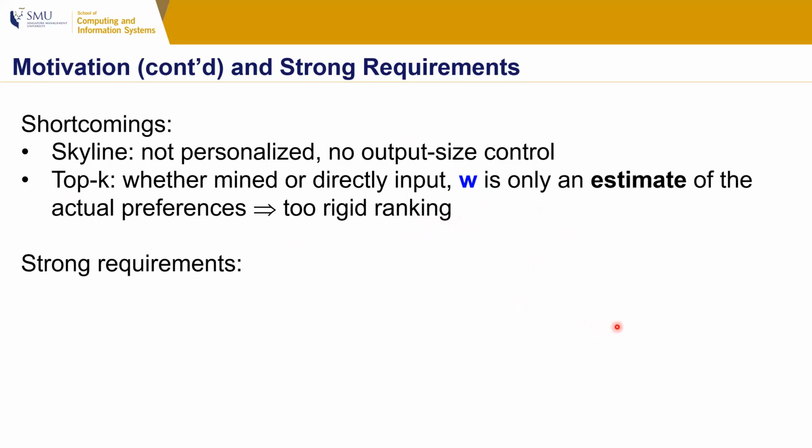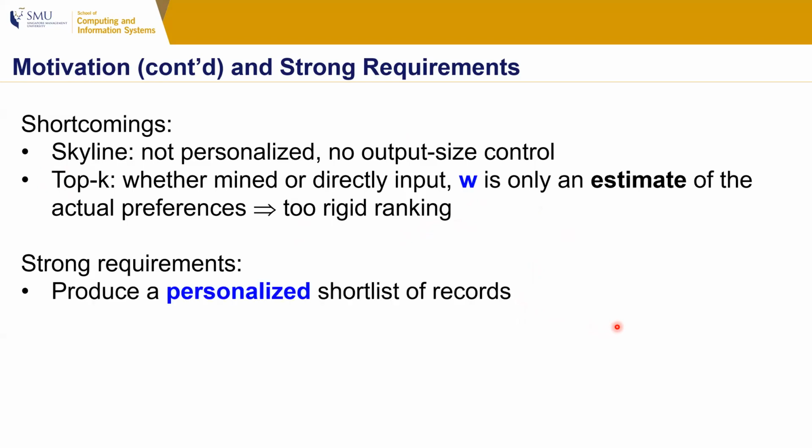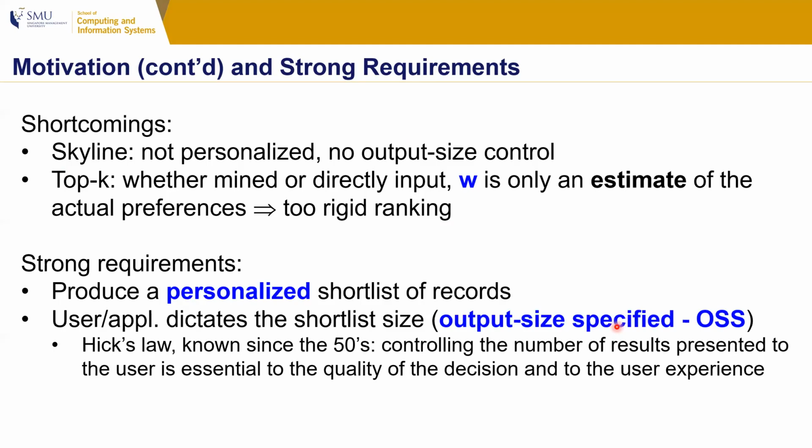So in this work, we have three strong requirements. First of all, we want to produce personalized results for our user. Second, we want the user or application to be able to dictate, to control, the size of the shortlisted records, the number of the shortlisted records. We call this the output size specified operator, and we refer to it as OSS for short.